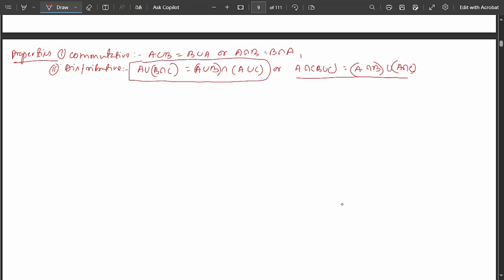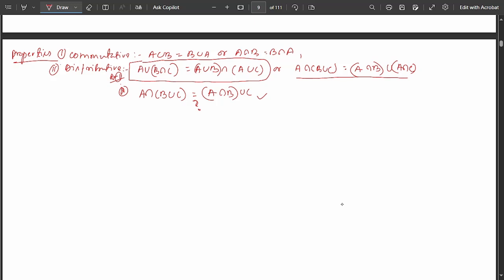I have another homework for you. Let's do it. Test if these two are equal or not. A intersection B union C equal to A intersection B union C. Test whether this is equal or not.